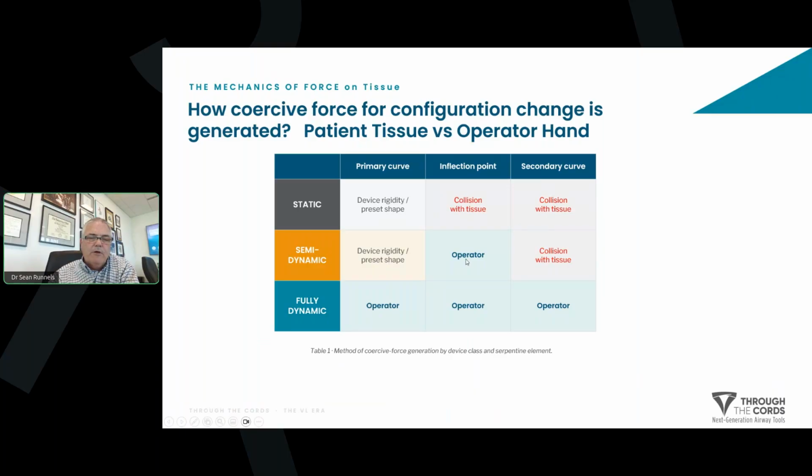Inflection point, the operator's hand articulates the tip. And then the secondary curve, again, collision with tissue. Fully dynamic equipment: the operator's hand can set the anterior curve. The inflection point is, again, force from the operator's hand. And the secondary curve is via the operator's hand.